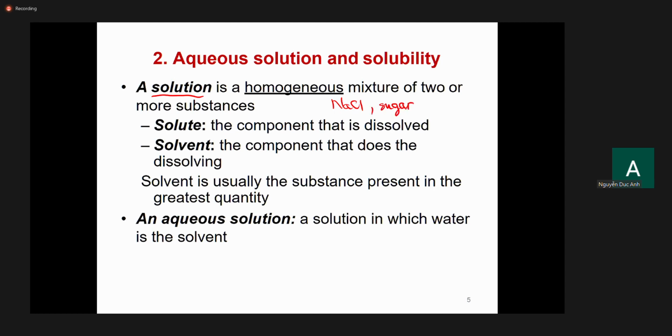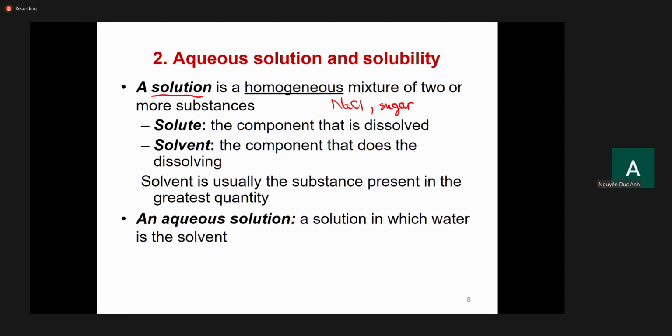into water. In that case, you start with transparent water. After you put some sugar there, you mix and stir them, and then you get a transparent solution too. You cannot tell by color, by your eyes, that this one is pure water and this one is sugar water. You cannot do this.